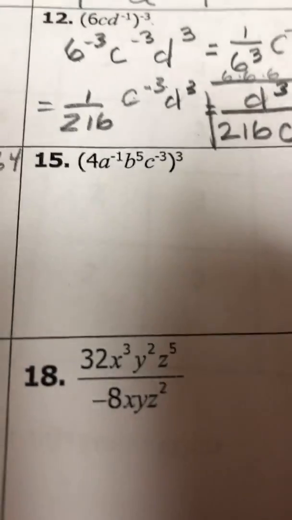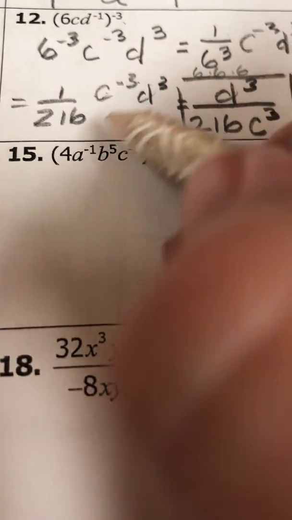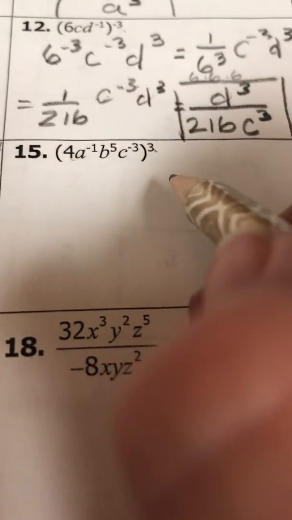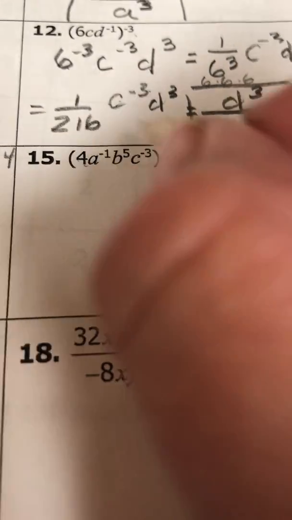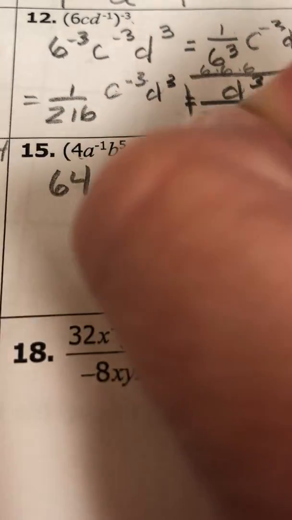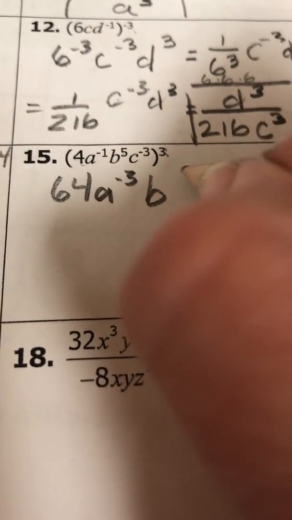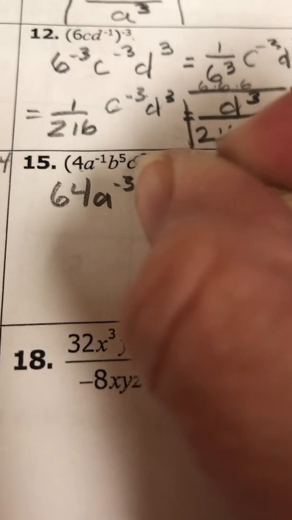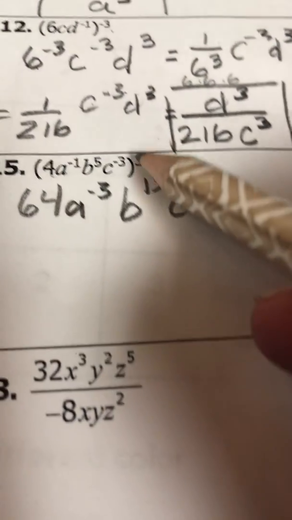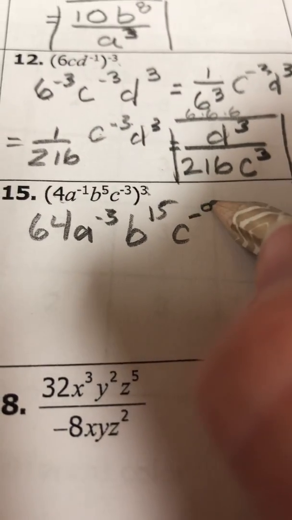Number 15. So I have 4 cubed. Well, there are a lot of 4 cubed. By now, you could probably remember 4 cubed is 64. Then I have a to the negative 3rd, because I have negative 1 times 3. I have b, well, 5 times 3 is 15. And I have c, negative 3 times 3 is negative 9.